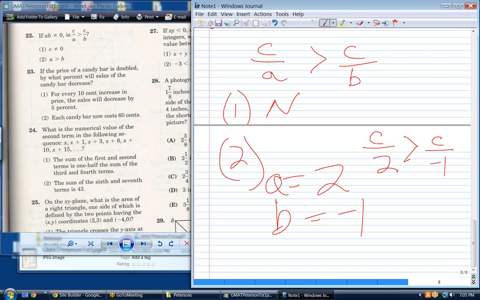But when I had A as 2 and B as positive 1, it's not. So it does matter what numbers we pick, and whether A and B are positive or negative. And nothing up here says they're both positive. If they said they were both positive, this would be a different answer. So no to number 2. Now the question is, do both combined help?